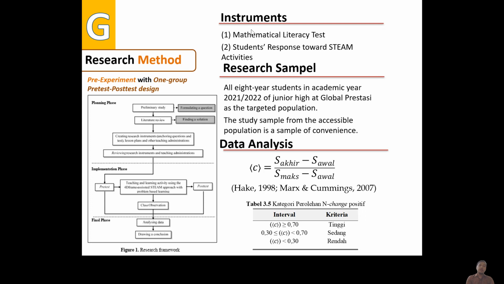Normalized change is the final score minus the initial score, divided by the maximum possible score they can reach. The interval is high, medium, and poor.